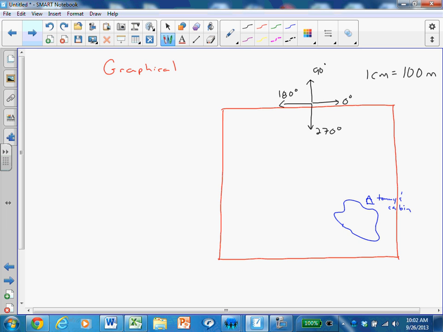And let's say that Tommy walks 500 meters north from his cabin. Then walks 600 meters at 200 degrees.